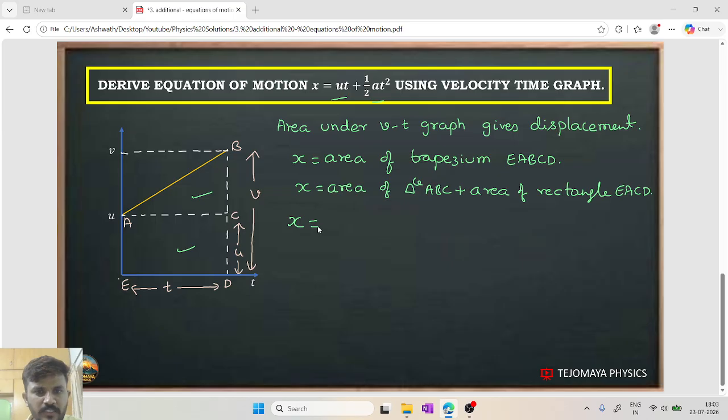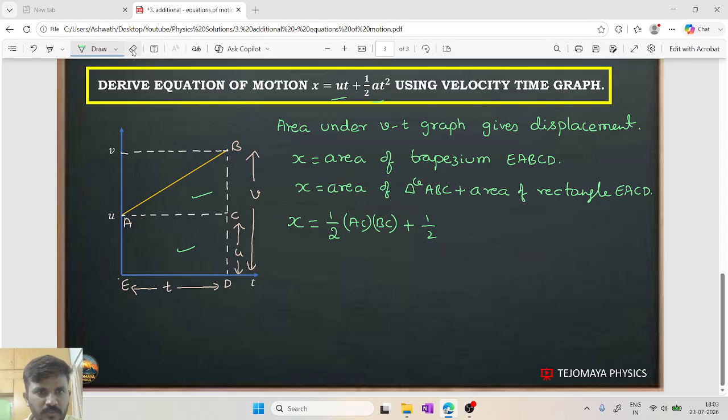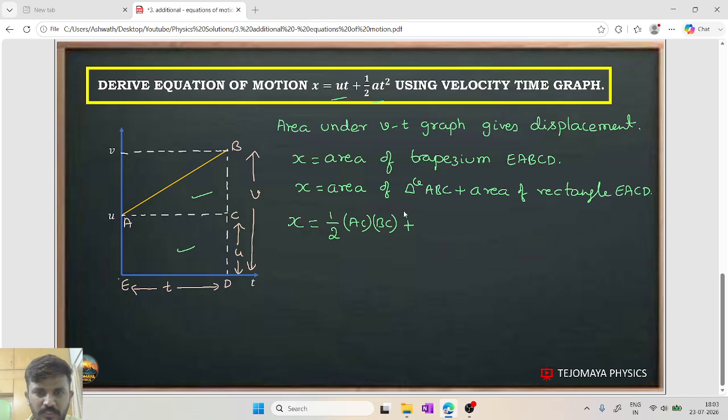Area of triangle is half into base. Base is AC into height is BC, plus area of rectangle, length into breadth. So that rectangle is given by AE into ED.